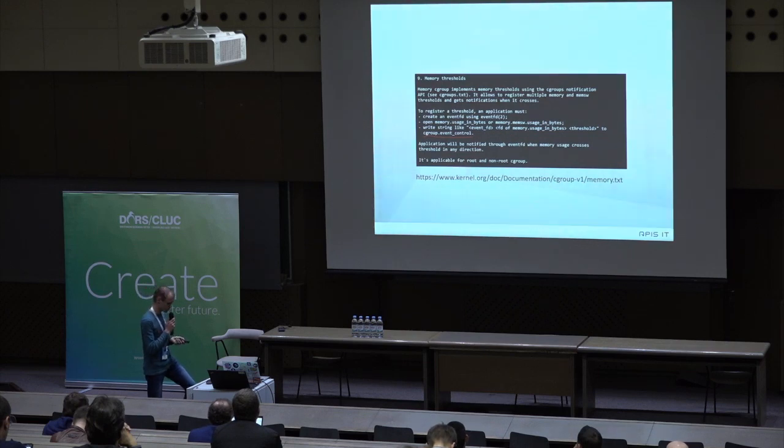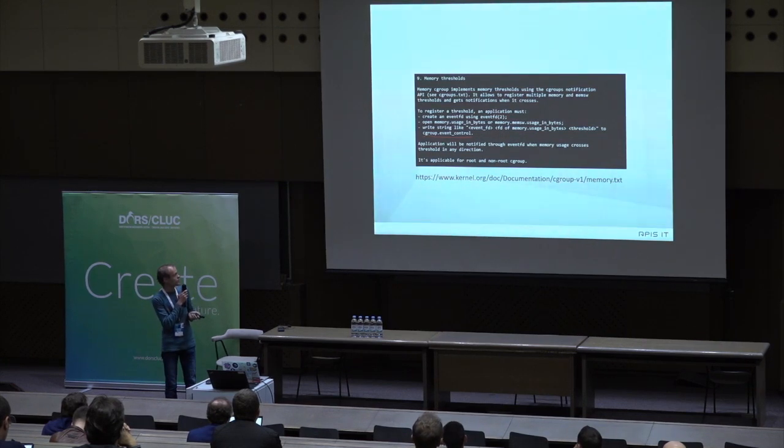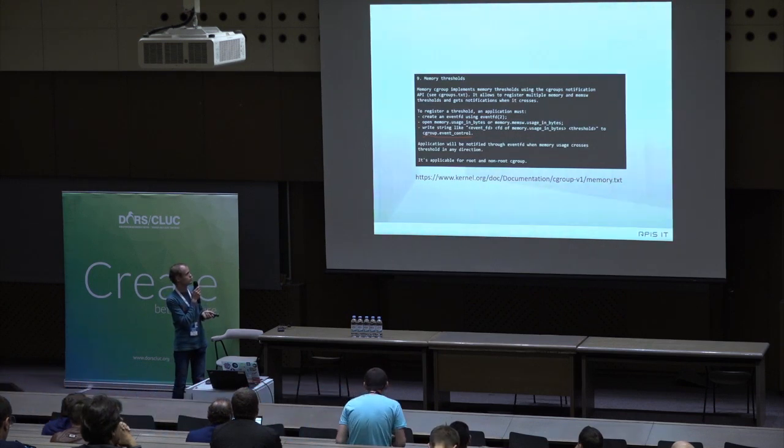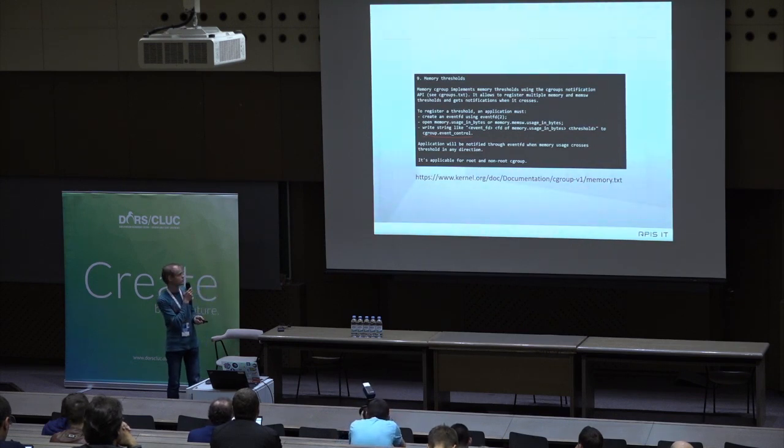Thanks to cgroups, which were developed in 2007 by Google for the Android phone, they also developed something called the memory threshold. There isn't much information on the web regarding the memory threshold, because it was kind of buried in the man page at the far end of the cgroups documentation.